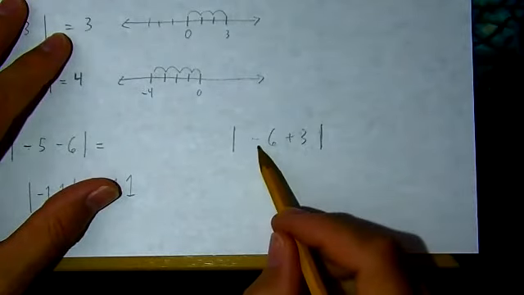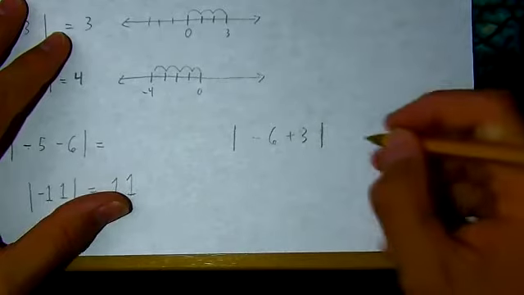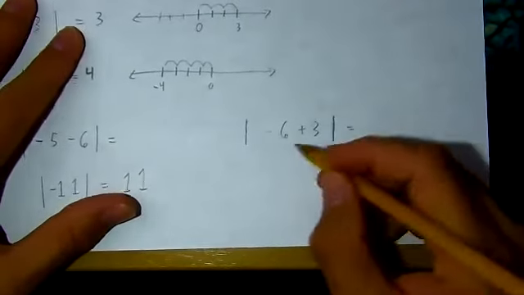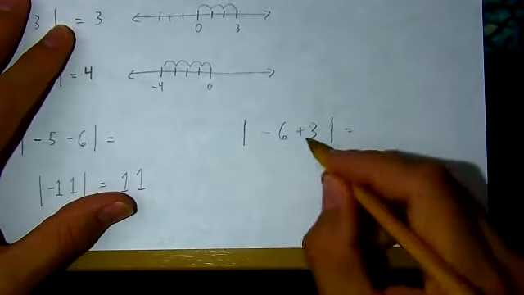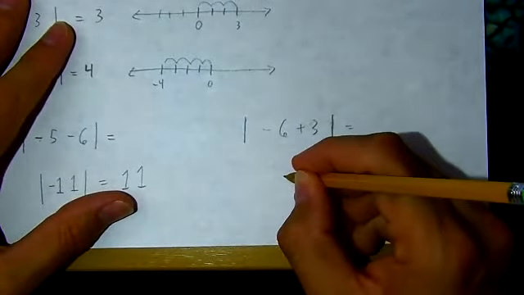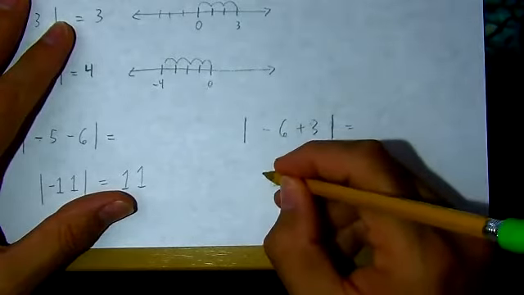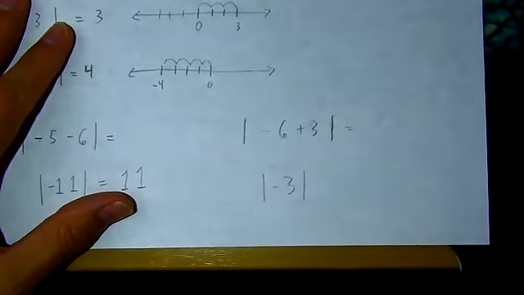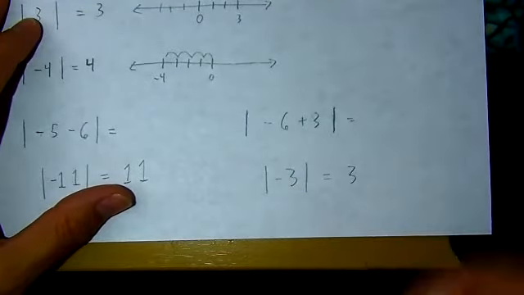So they'll say, well, I'll just get rid of that negative and make it 6. 6 plus 3 is 9. That would be incorrect. So if you solve this first, -6, you add 3 to it, you got different signs, so you actually subtract them, keep the sign of the larger number. So what they're really wanting to know is the absolute value of 3. We already determined above. That is just 3.